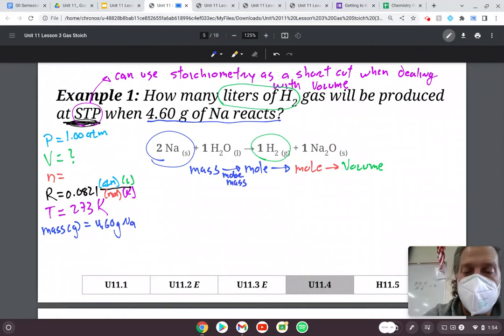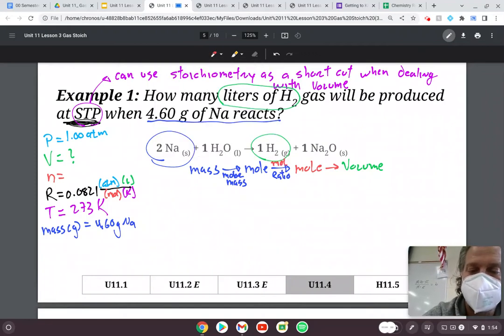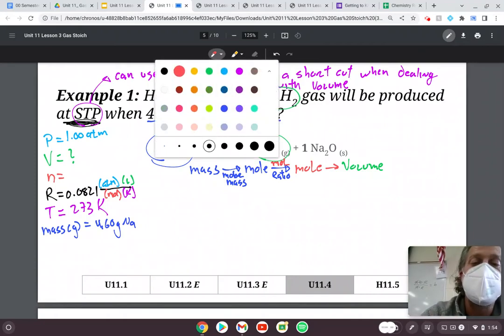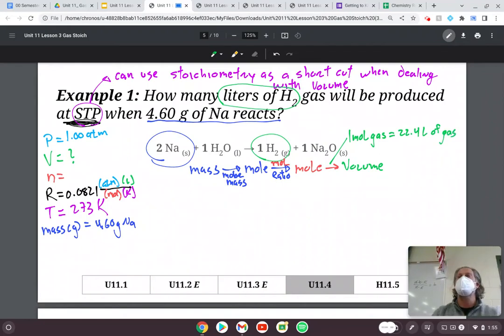And when we go mole to mole, we're going to need to use the mole ratio. And that's what we've been doing, so that's nothing new. But when we go mole to volume, because we're at STP, we're going to use 1 mole of gas is equal to 22.4 liters of gas. In this case, the gas in question is H2.